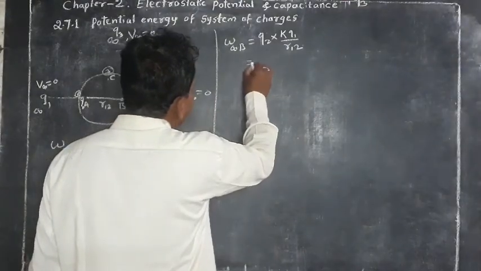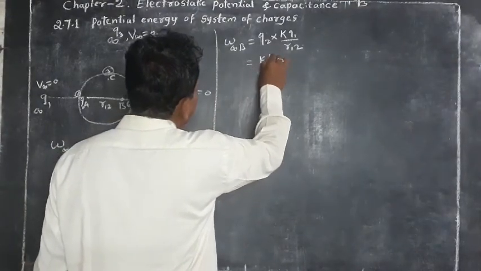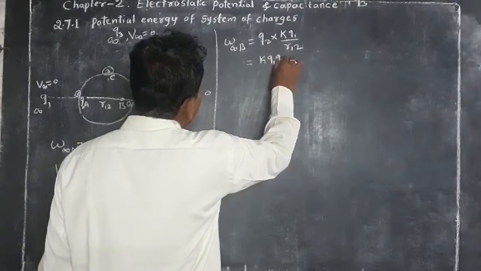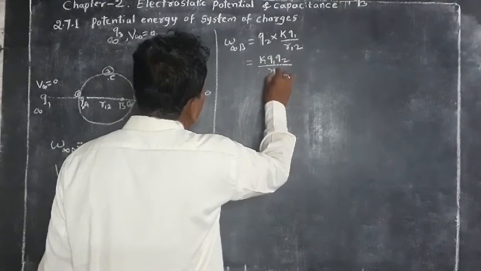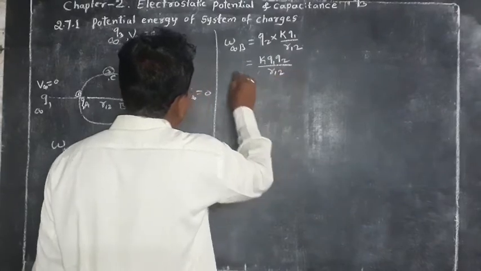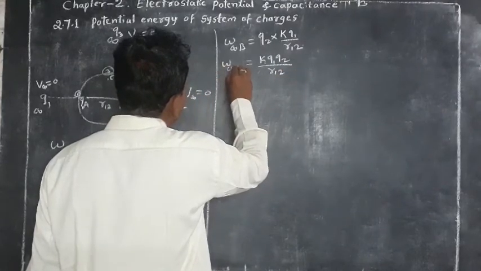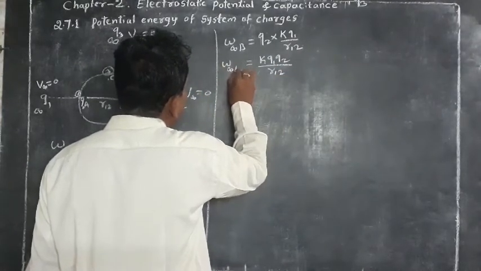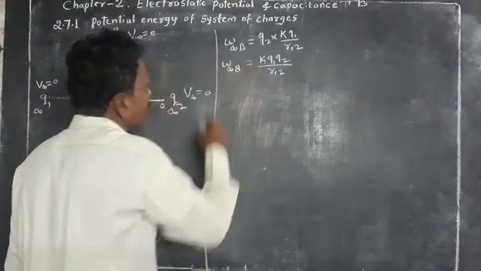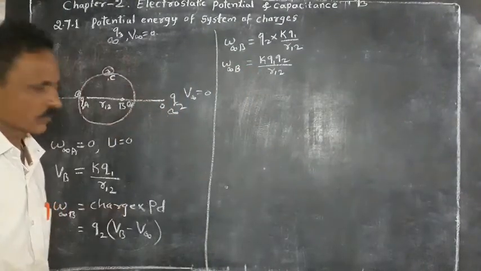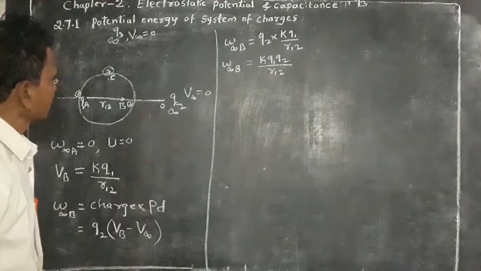That is equal to KQ1Q2 upon R12. This is the work done in moving a charge from infinity to the point B.